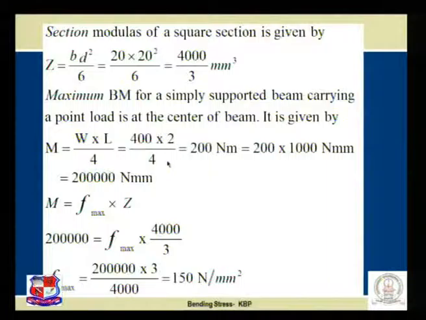We got the answer as 200 Newton meter. As all the dimensions are converted in terms of Newton and mm, I have to multiply with 1000. M is nothing but F max into Z. So by putting this value, we can find out F max as 150 Newton per mm square. Up till now, only half of the problem has been solved. Let us go ahead with the next part.